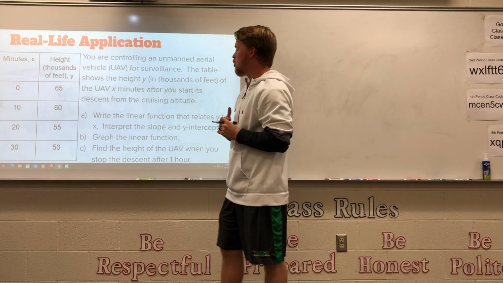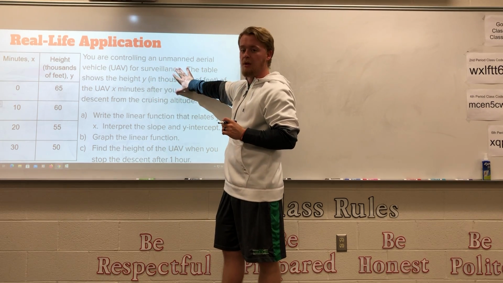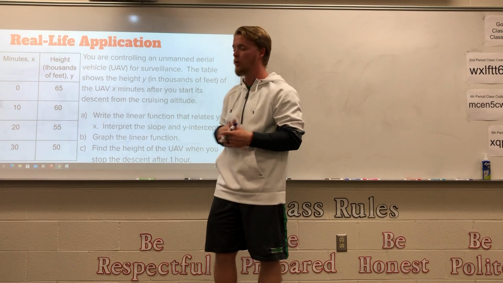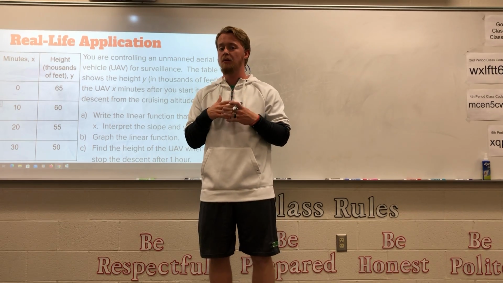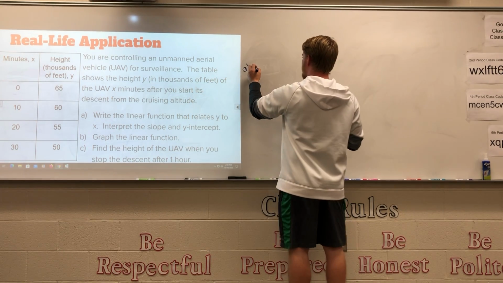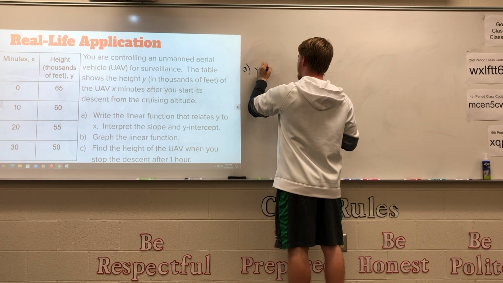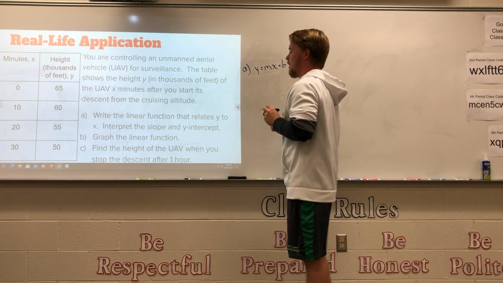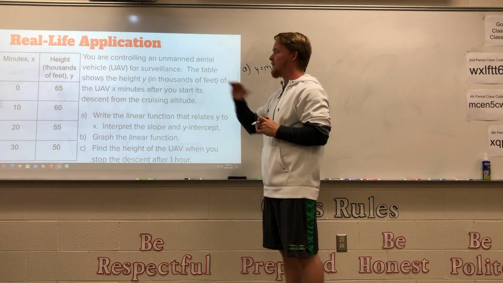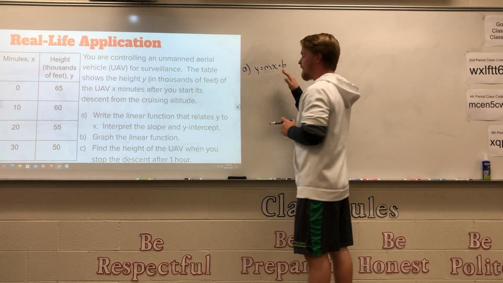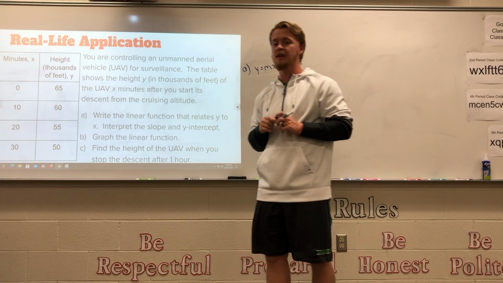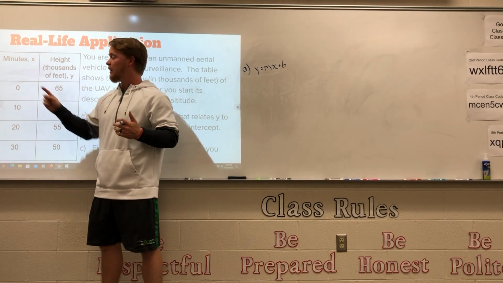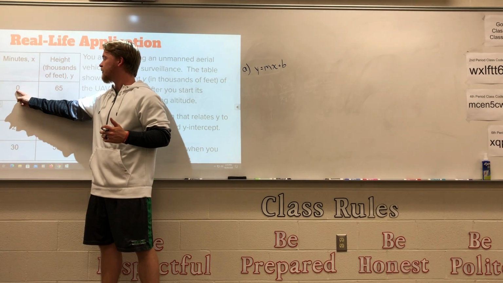Okay, so a lot to break down here. First of all, you wouldn't have needed any of this information to do this first part. Write the linear function that relates y to x. That's what we've been doing. Remember, that's writing it in the form y equals mx plus b, and you're filling in your m and b. Just by looking at that table, I can find my b, which is my y-intercept, by looking where the x value is 0.